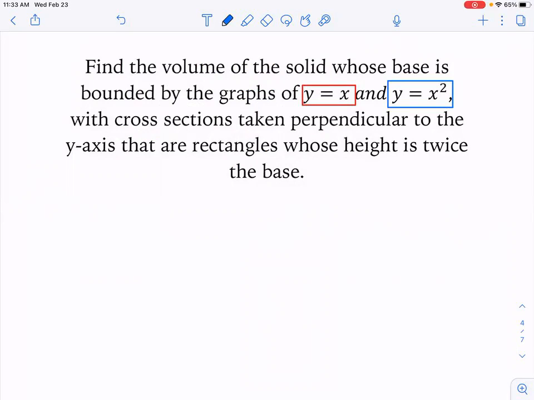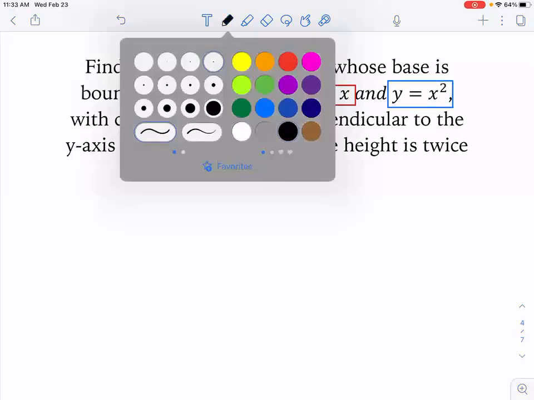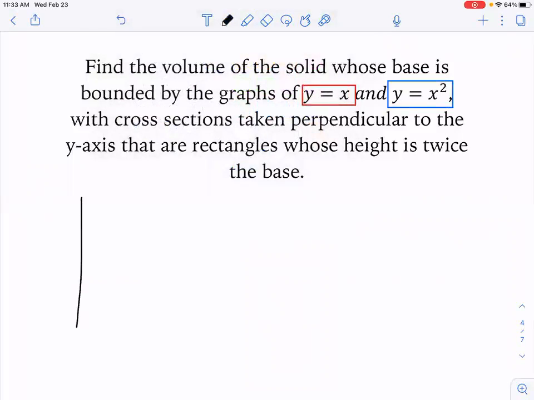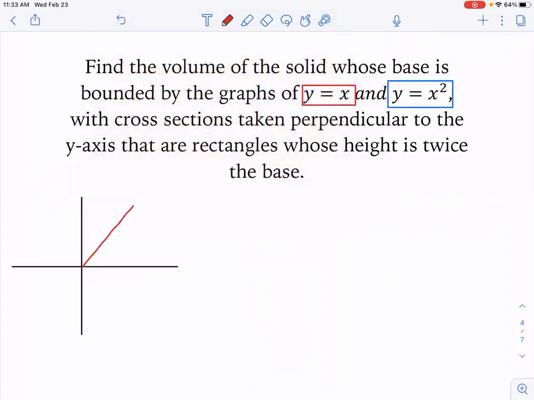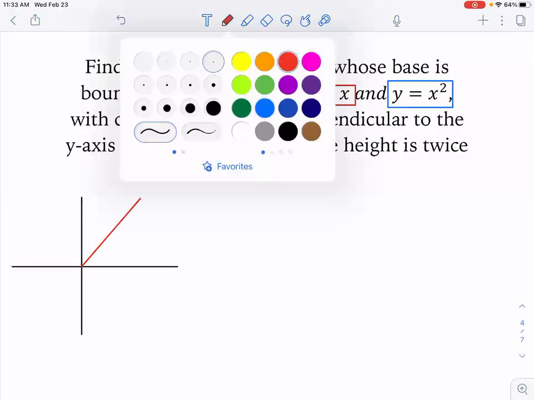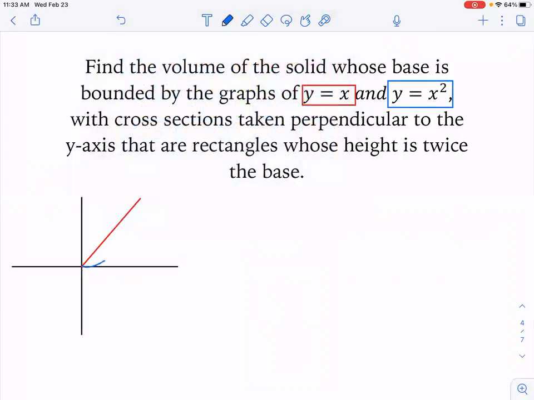Okay, are we ready? First, we got to do our drawing. Okay, so we have a line intersecting a parabola, right?